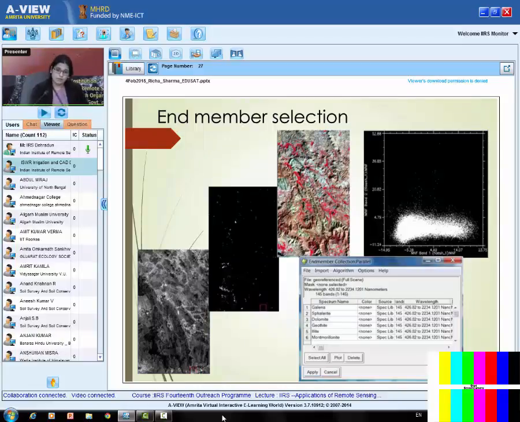In that PPI, the pixels which appear pure will appear white, and those pixels which have not appeared pure even a single time will appear black. So any pixel which is appearing white in the image was recorded as a pure pixel maybe once, twice, thrice, or maybe a number of times.